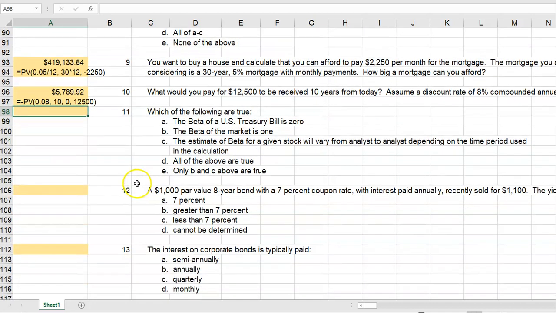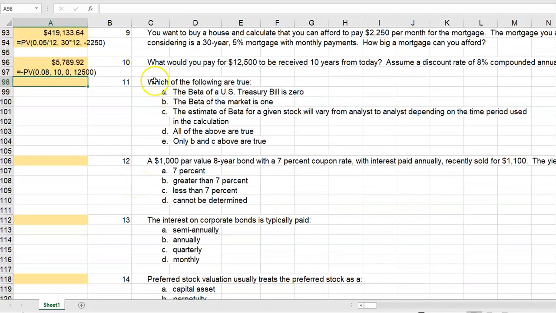All right, which of the following is true? This is an interesting question. Okay. Here's a way to think about it.